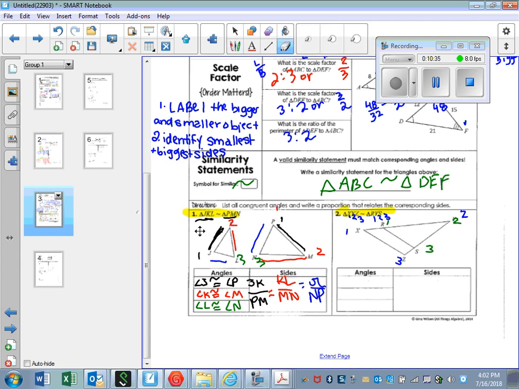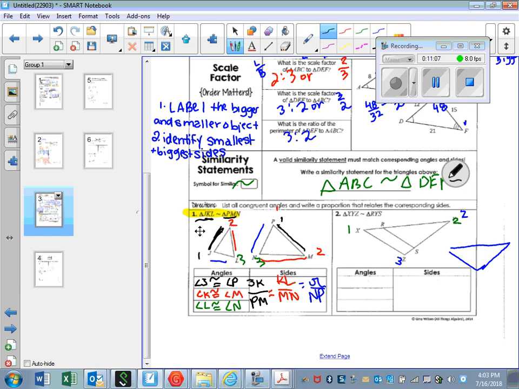What I usually do is redraw this smaller triangle and put it out to the side, and I'm going to put my numbers over here.